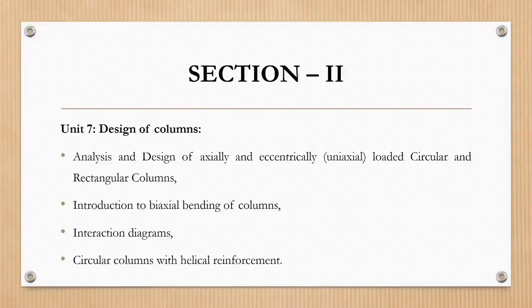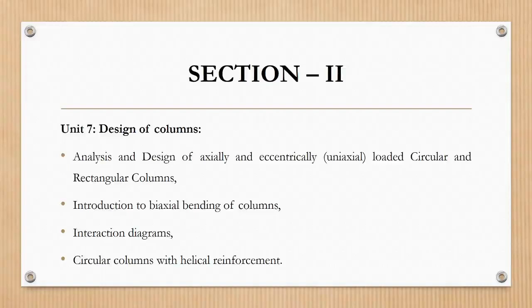In section 2, under unit 7, which is the design of columns, we are going to deal with the analysis and design of axially and eccentrically, that is uniaxially, loaded circular and rectangular columns, in which again we are going to discuss only the introduction to biaxial bending of the columns.